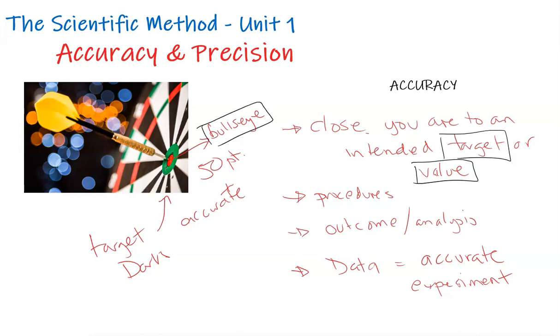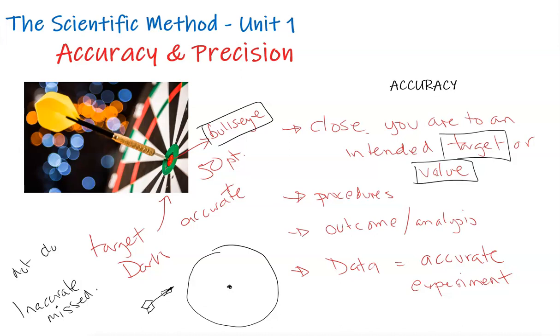Now, if you take a second dartboard here, and here's my bullseye right there, and I throw the dart and it lands here. There's my dart. It lands outside of the target. Now, I would say this is inaccurate, that I have missed the target and that is not close to my intended value or target.